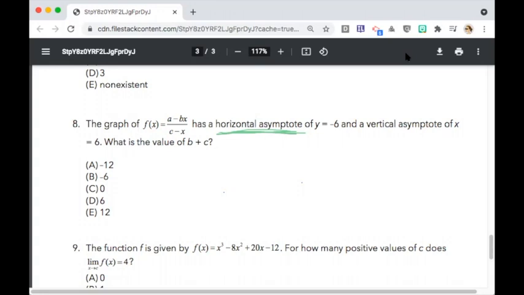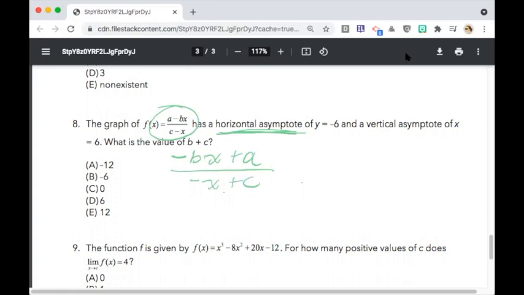If they're the same, you can divide the coefficients. And if it's bigger on the bottom, then it's going to be 0. So let's look at this one. We have negative, I actually am going to switch the order. So negative bx plus a all over negative x plus c.